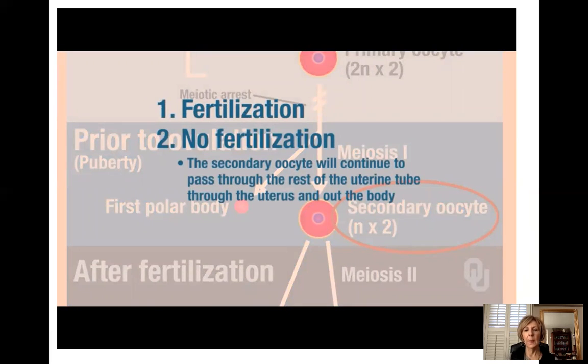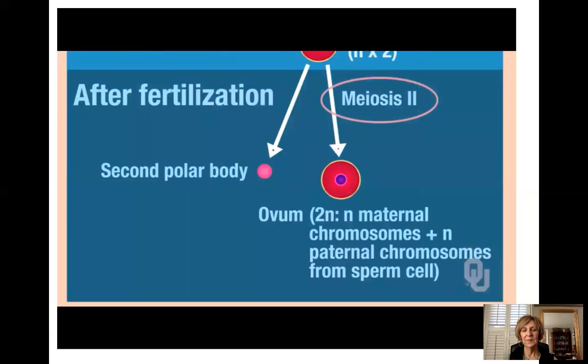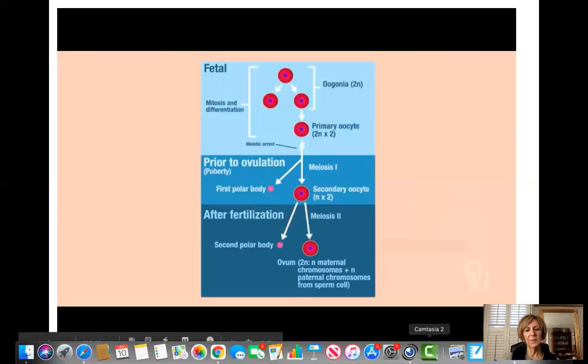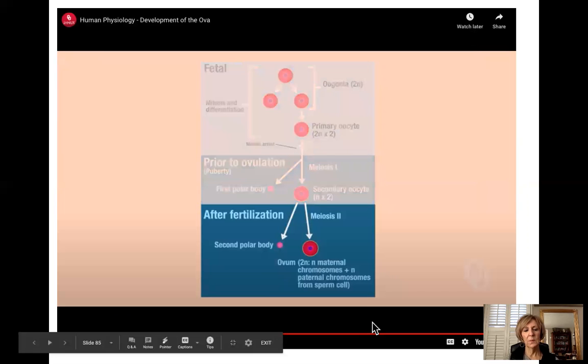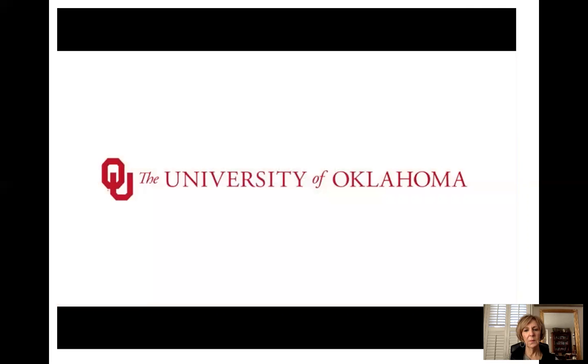If fertilization does take place, now meiosis 2 occurs. Once meiosis 2 occurs, we produce an ovum, and we get a second polar body as well. Polar bodies disintegrate, so we won't worry about those. On the oogenesis diagram, this last phase is after fertilization.